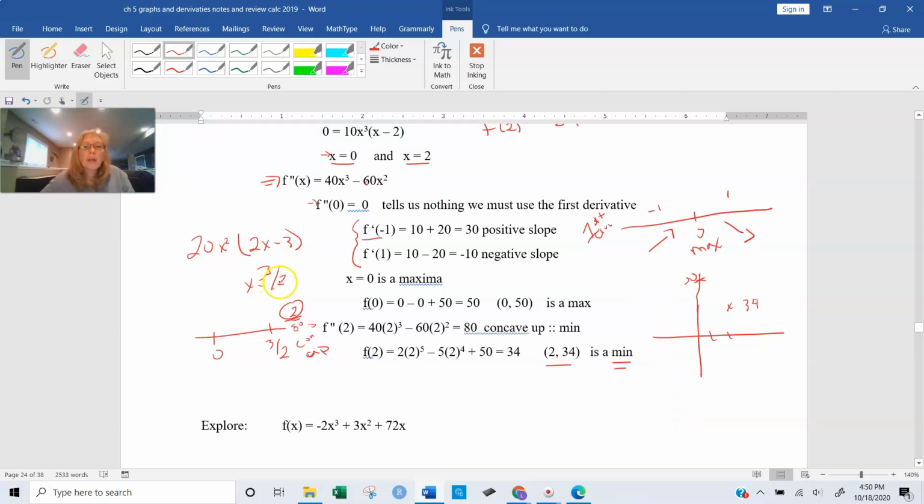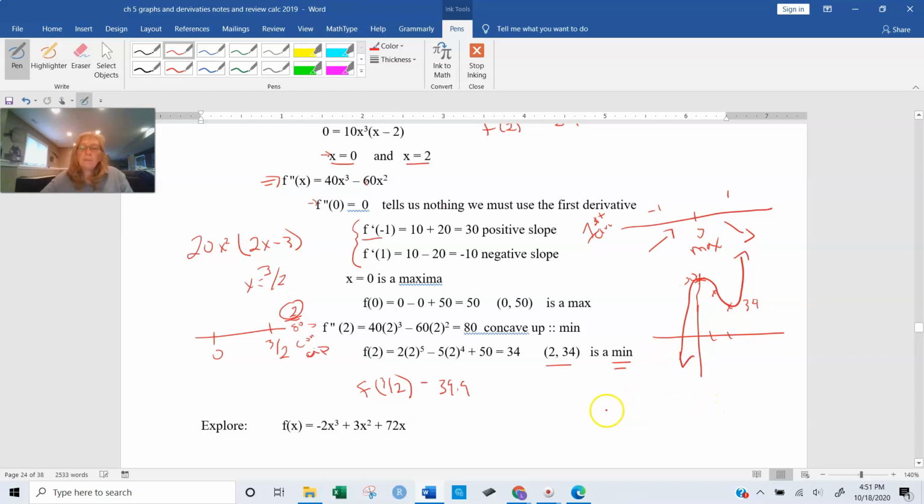I think we forgot to plug in 3/2 here. You've got to find that. So we're going to do f of 3/2 into your original. When you plug that in, you're going to get 39.9. So we're going to go to 1.5. We're going to go up here. That's my point of inflection. And now we just graph it.